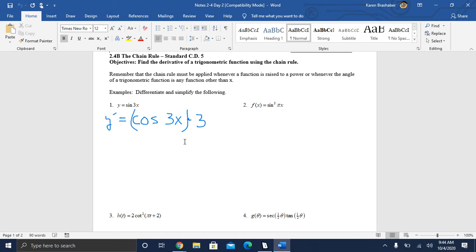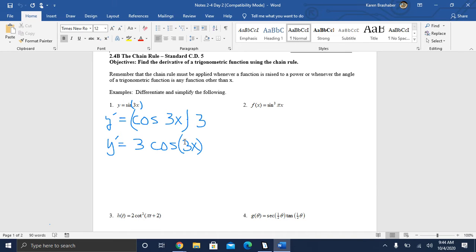So we're going to multiply by the derivative of 3x, which is 3, and then write your final answer as y prime equals 3 times the cosine of 3x. And you may want to put that angle itself in parentheses, maybe even to begin with.